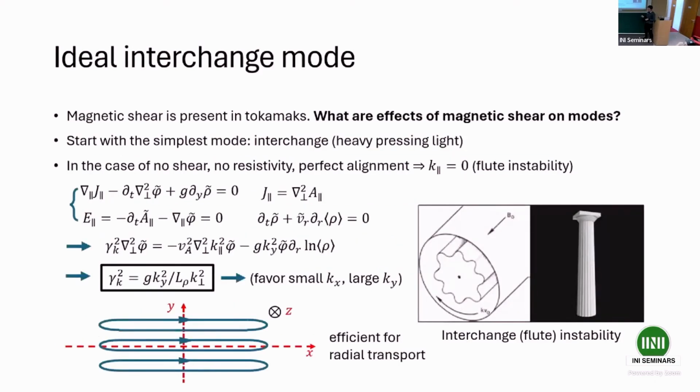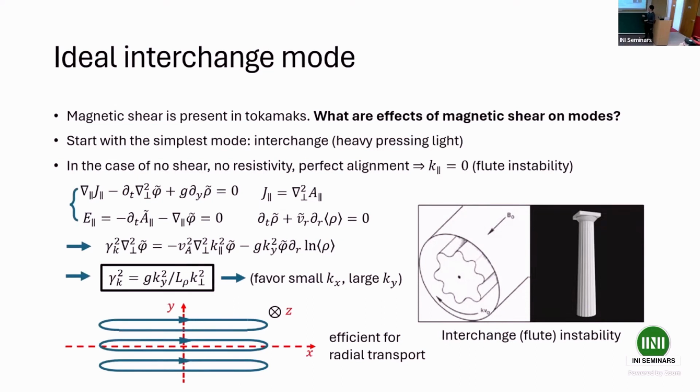So after this long introduction, you may wonder what happens if magnetic shear is present, because magnetic shear is present in tokamaks. What are the effects of magnetic shear on modes? Here I will start with the simplest mode, the interchange mode, which means the heavy fluid pressing on the light fluid.